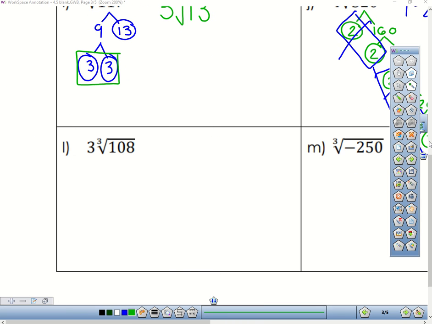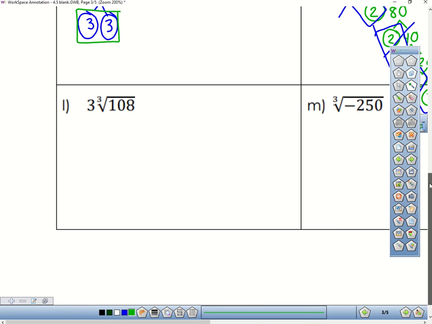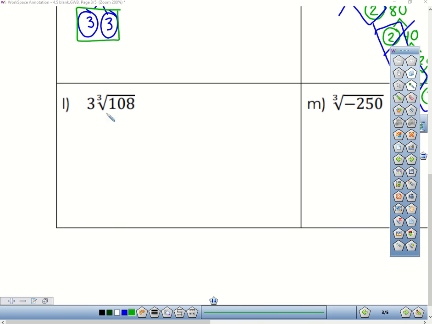So the next one we're looking at is the 3rd root of 108. Anybody know what 108 breaks up into? Any ideas? 2 and 54. Any ideas for what 54 breaks up into? 2 and 27, good.